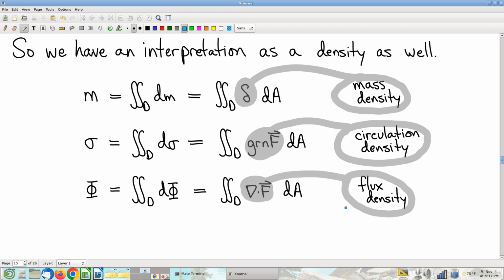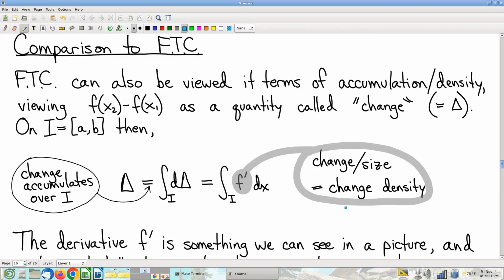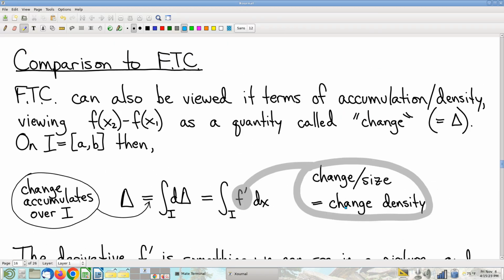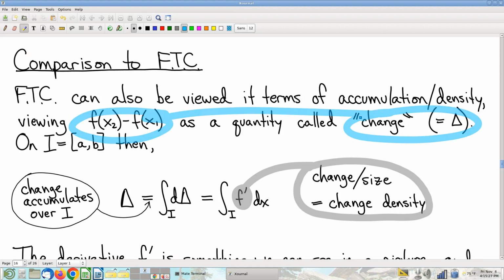I want to point out you've seen such a thing before with the fundamental theorem of calculus. We can view the fundamental theorem of calculus as being about a quantity called change. Looking at two points, x1 and x2, you can talk about how much the function changes between that starting point and that ending point. And it's not hard to persuade yourself that that is an accumulating quantity.